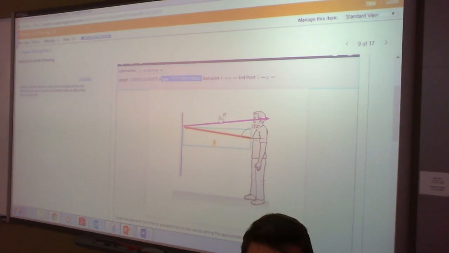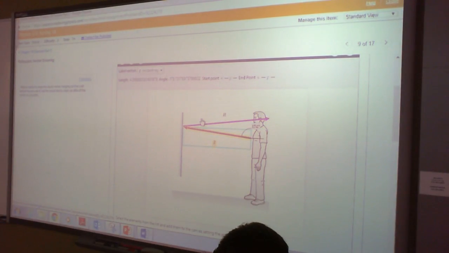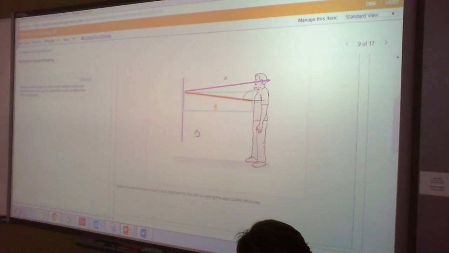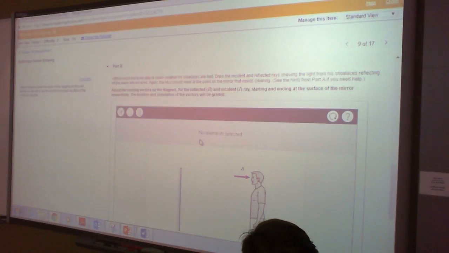So those two angles have to be relatively equal. If you're having trouble getting those to look identical, reflected across the normal line, we can talk about it later this week. Or maybe I'll just make this one extra credit if worse comes to worst.